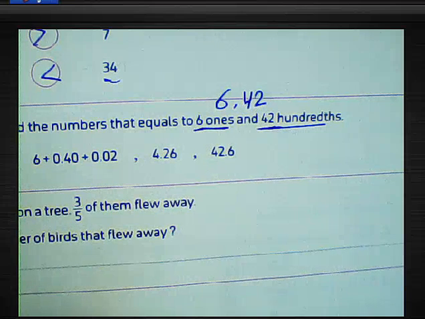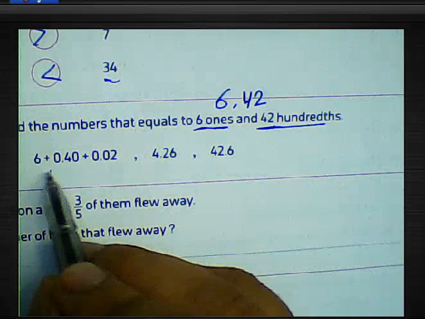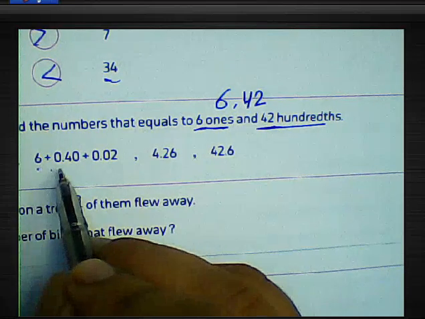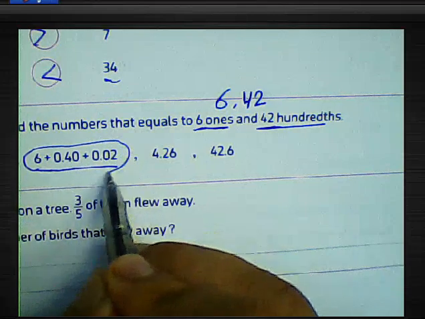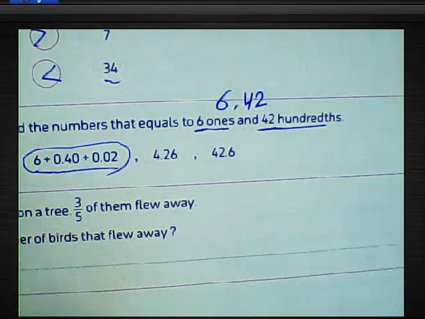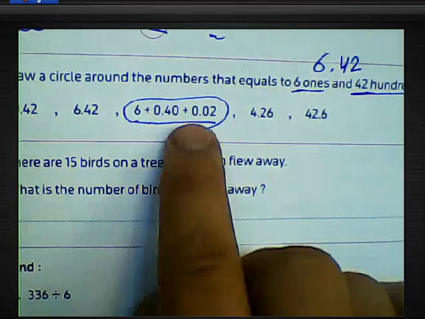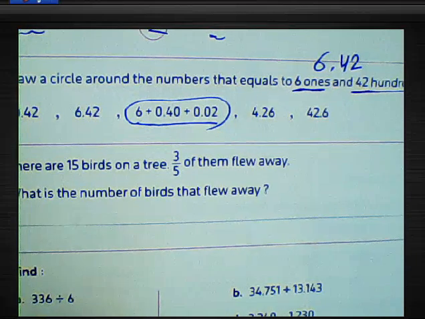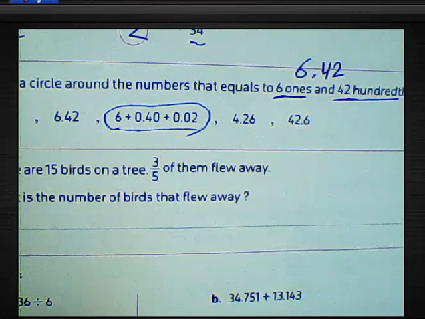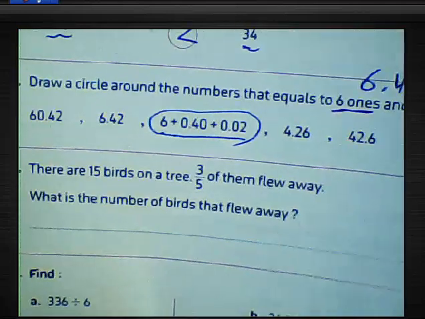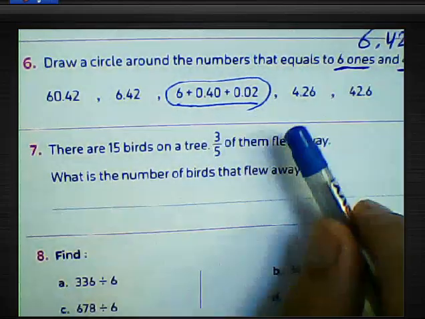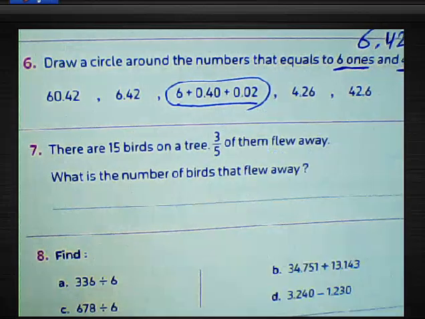Okay, where we can choose 6 plus 4 tenths and 2 hundredths. We can choose this number, because you want to find 6 ones and 42 hundredths. We'll choose 6 plus 40 hundredths plus 2 hundredths.